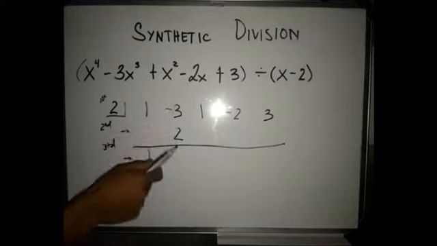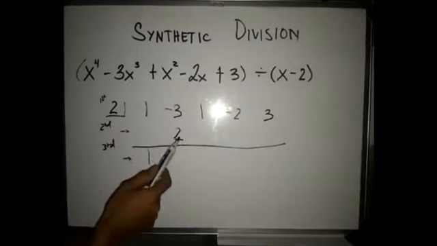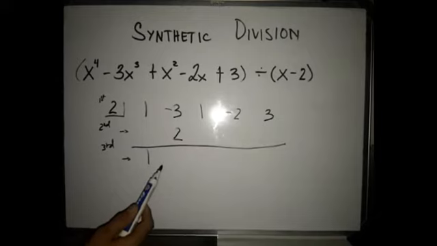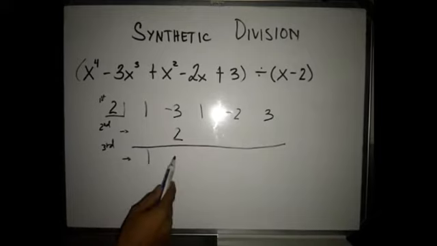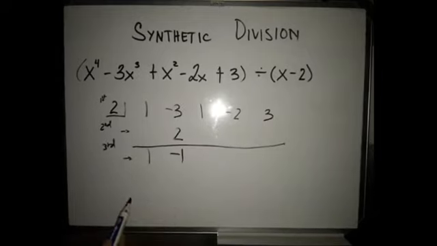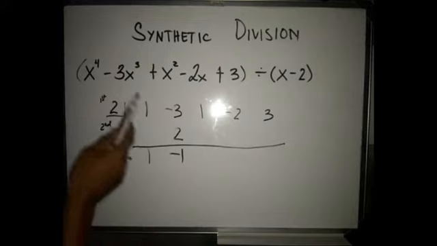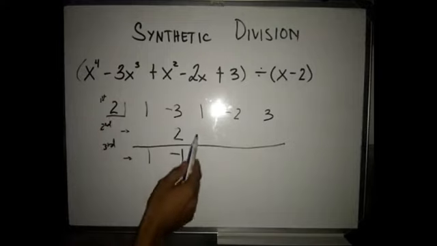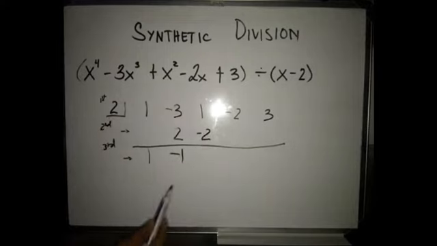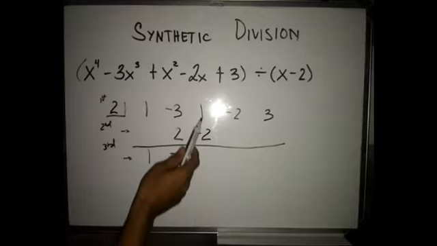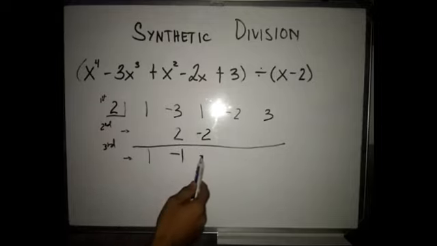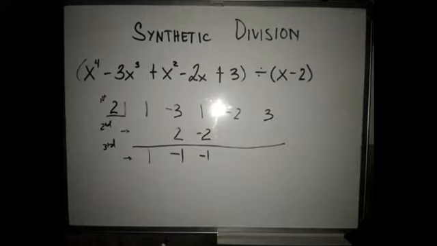Then add, mag-a-add ka lang. So negative 3 plus 2, that is negative 1. Next, negative 1 times 2, negative 2. Then add. 1 plus negative 2, negative 1.